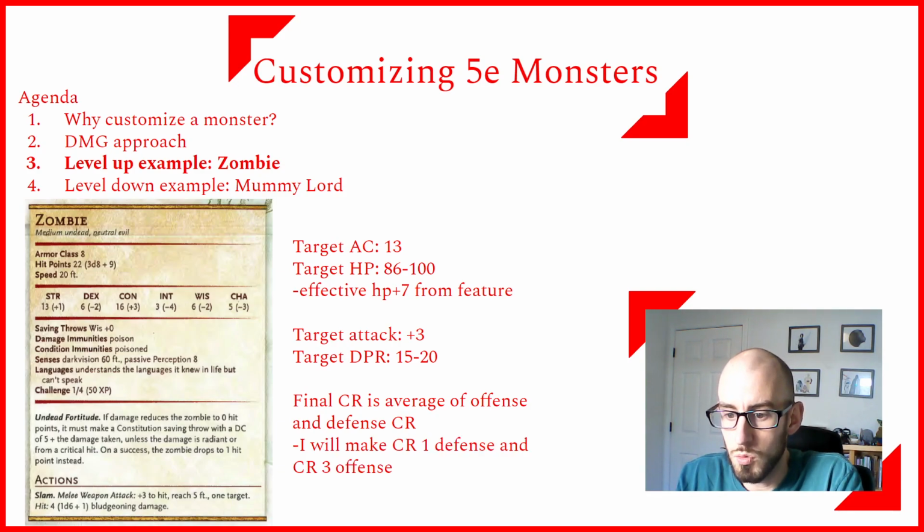So, what are we going to do here? I think I want the zombie to be a little more dangerous offensively. I don't want these zombies to be big piles of hit points that the players will just run through and won't have any issue damaging the players back. So I'm going to up the offense a little bit, and we'll talk about how we do that.